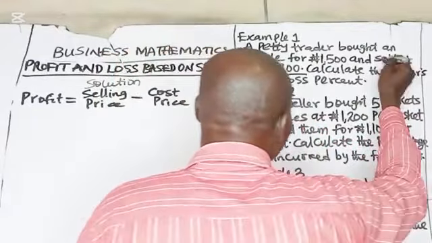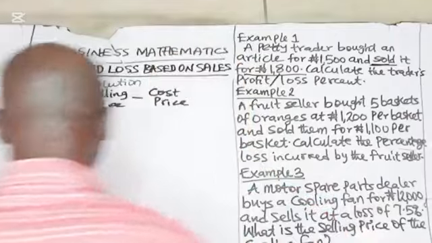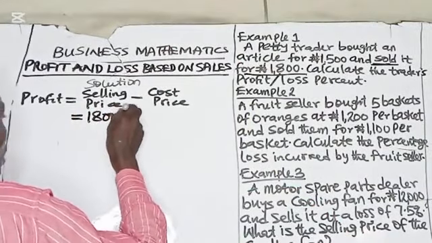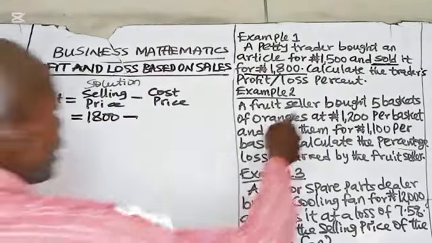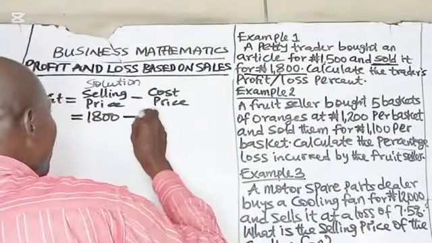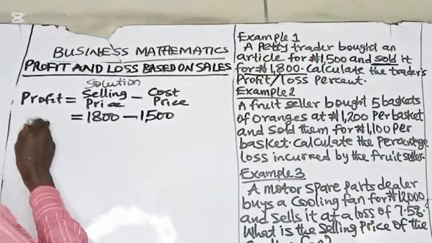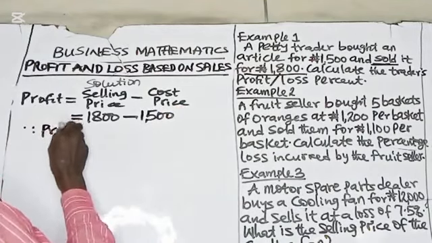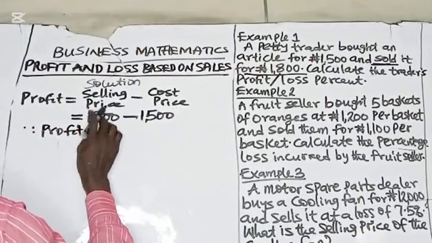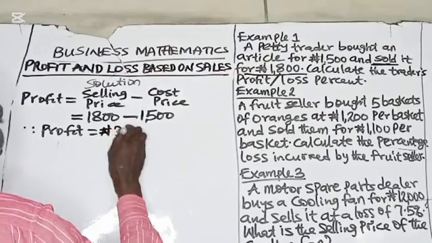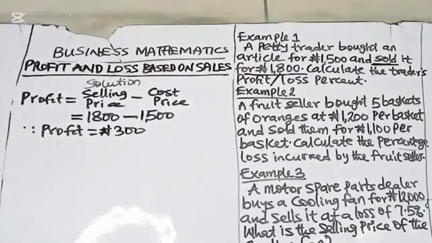The selling price is 1,800. So if you have the selling price to be 1,800 minus the cost price, 1,500, that means this item will give you a profit. We have a profit of 1,800 minus 1,500, that will be 300 naira.